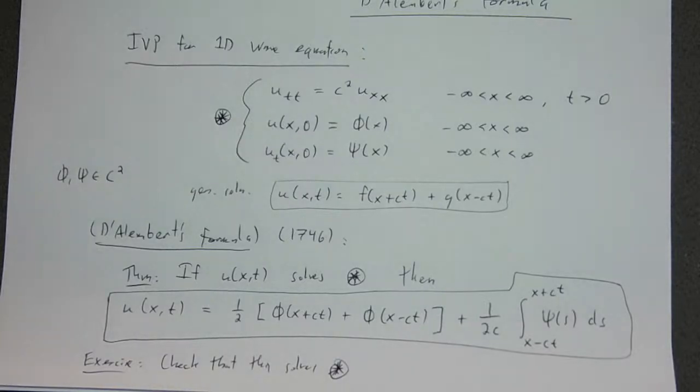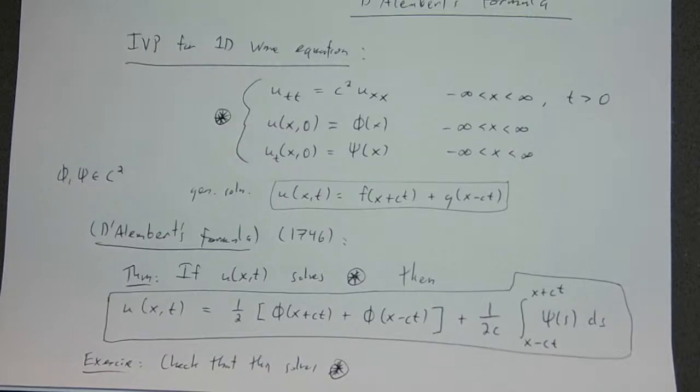I should note that most of what we're going to say for the rest of this chapter is actually a consequence of D'Alembert's formula. There's a ton of stuff hidden here in this formula, a ton of great info for how wave propagation works.